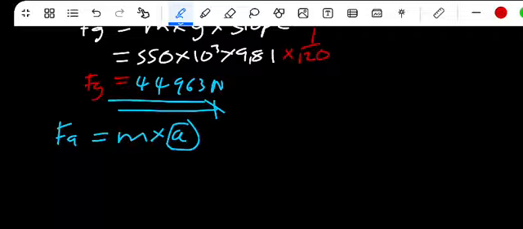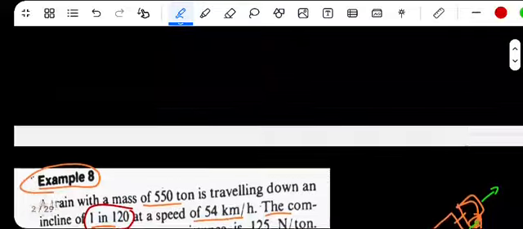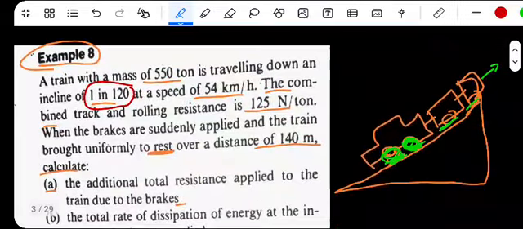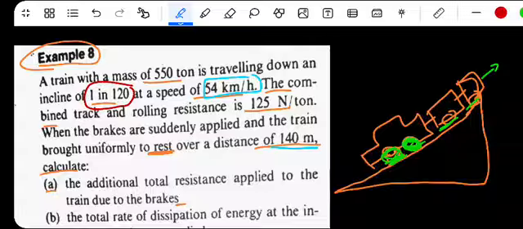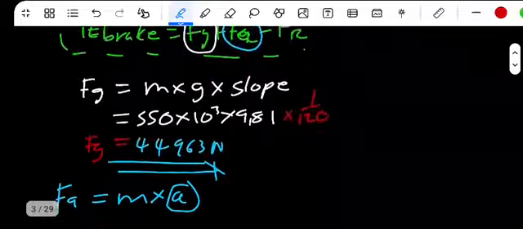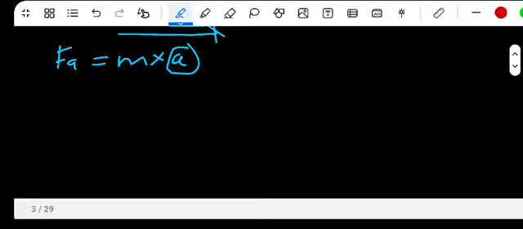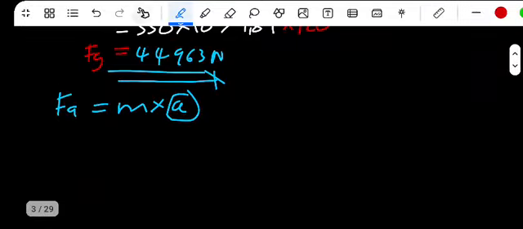Do we have acceleration? No. How can you get acceleration? Using the motion formula. How? We've been given the initial velocity, 550 kilometers per hour. We've been given the distance. We've been given the final, this comes to rest. So we'll use the motion formulas to get acceleration.